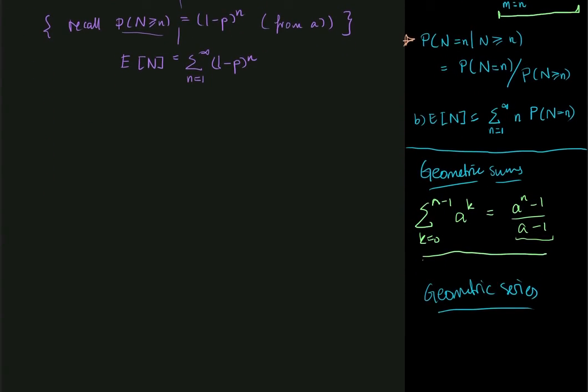The way we evaluate this is by using the geometric series rule, where we know that if r is strictly between 0 and 1, then the sum of r to the nth for n going from 0 to infinity is equal to 1 over 1 minus r.